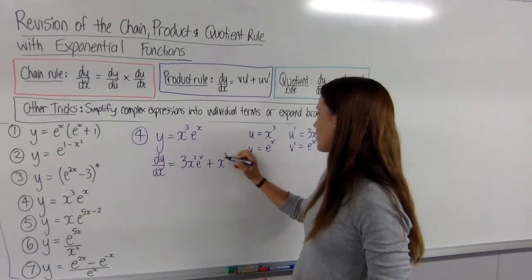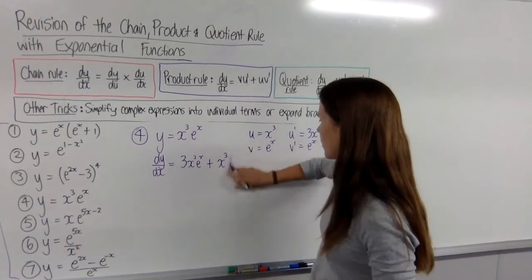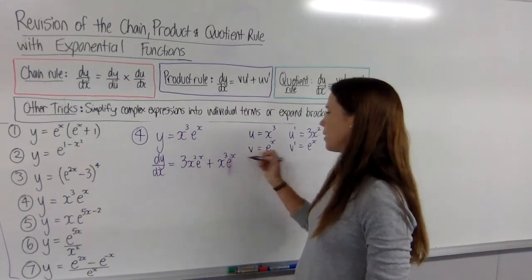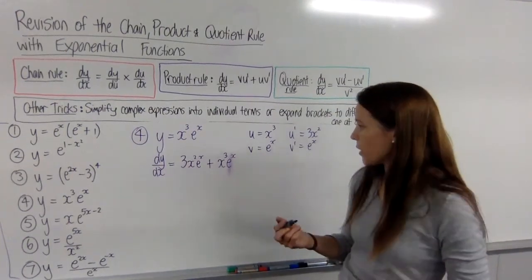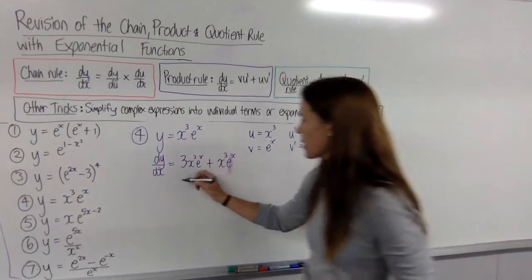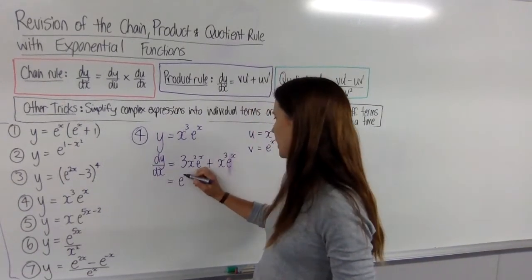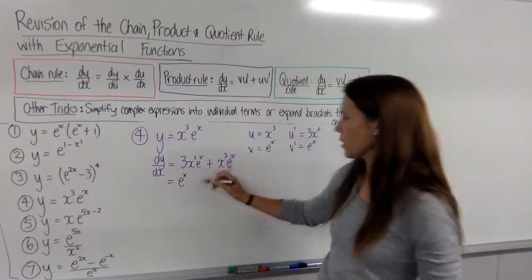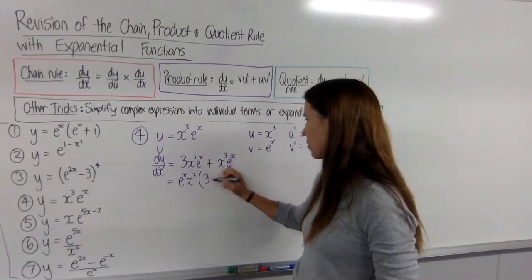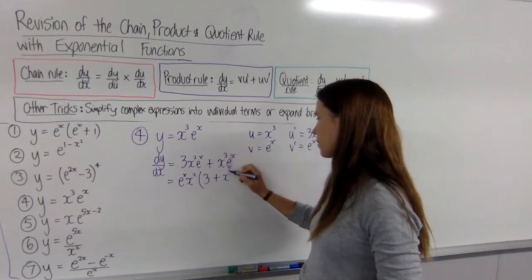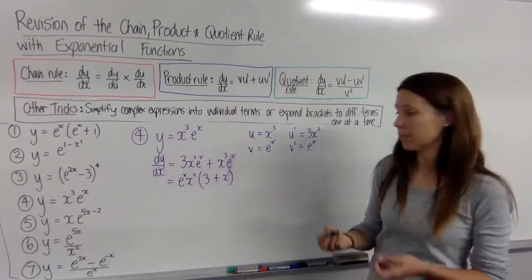So we've got this, whoops, times, not plus. Now, there's our answer. You could express it like that, or you could actually factorize it and say, hey, these both have some things in common. They've both got e to the x in them, and they've actually both got at least an x squared in them. So that leaves me here with 3 plus x. And either of those answers are equally fine.